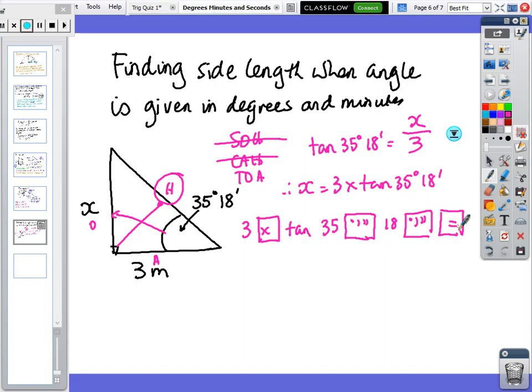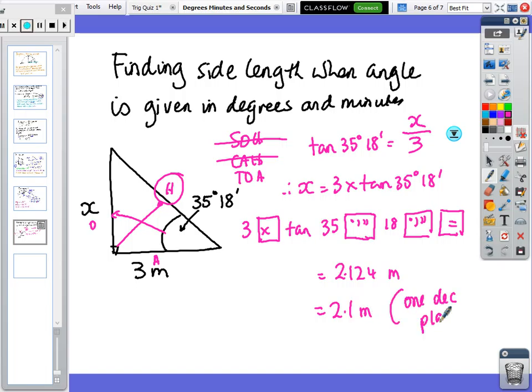So 3 times tan, 35 degrees, 18, and then hit the degrees, minutes, seconds button again. On the calculator it looks like another circle, but that's what it is. Then press equals, and the answer is 2.124 and whatever meters, so it might be just 2.1 meters to one decimal place.